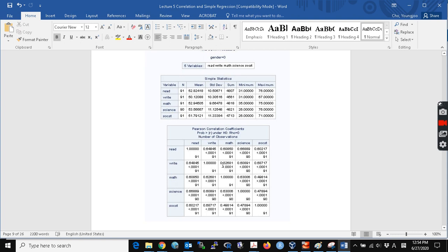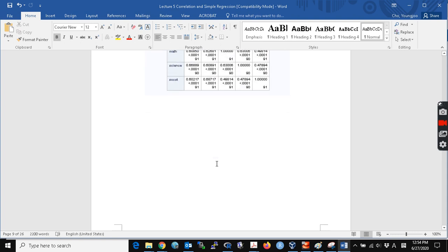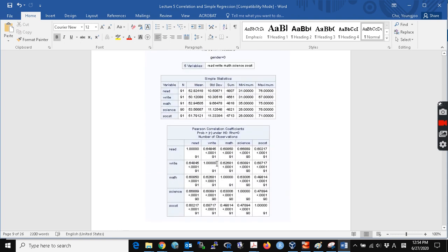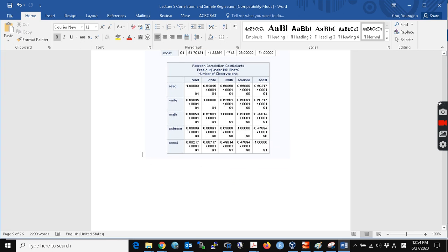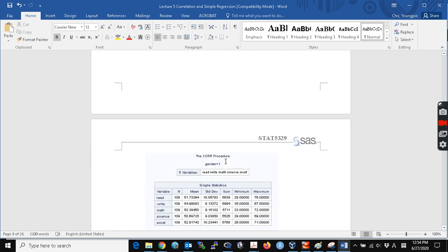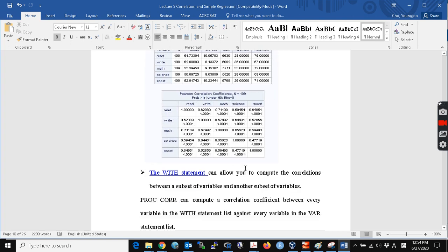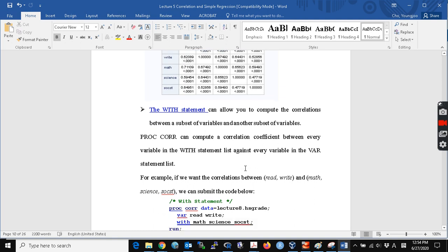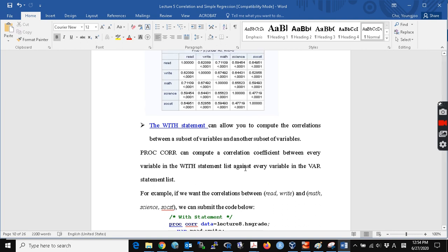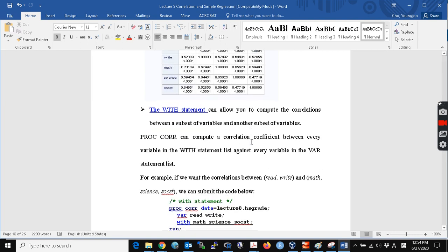This is for gender equal to 0, which is female. We have 91 or 90 people here, and it computes the correlation for females, and then we compute the correlation for the males here. So that's the by statement.